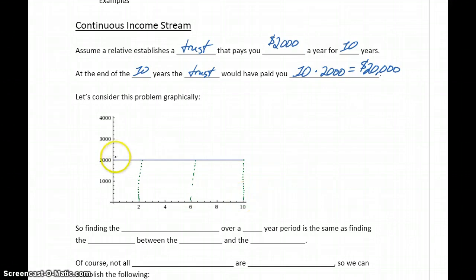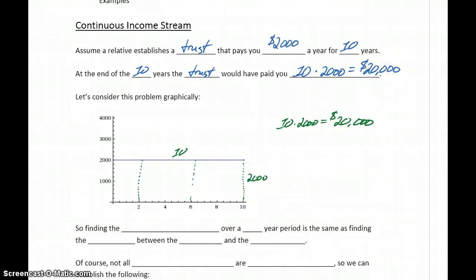So if we consider the horizontal distance here, that's a distance of 10, and the vertical distance is a distance of 2,000. So if we take 10 times 2,000, we get the $20,000 that we came up with when we initially approached this problem.